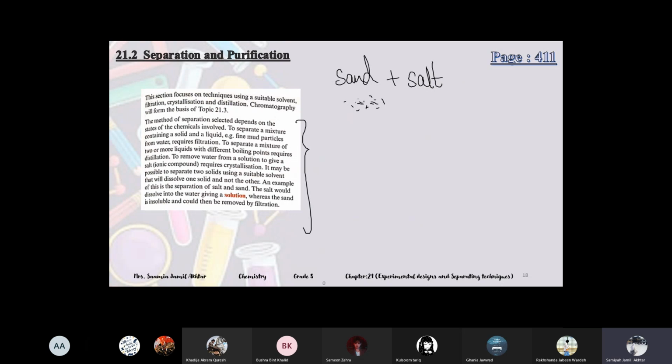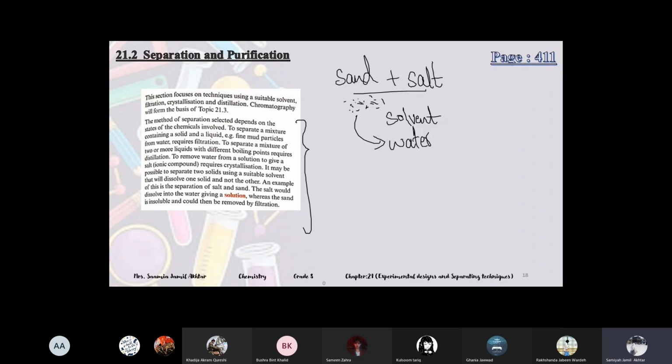There is not a separate technique for it. So what we will do is select a suitable solvent. If we have water and we dissolve this mixture in water, which one will dissolve? Salt will dissolve, and sand will remain insoluble.